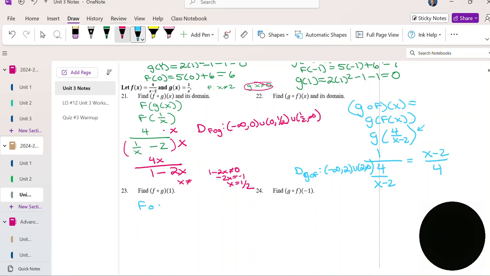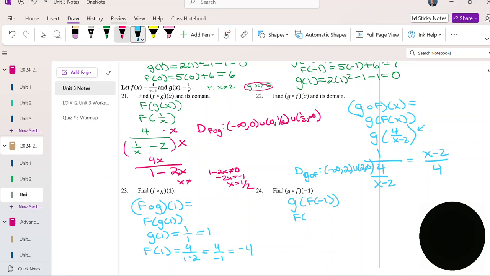f of g of 1, well, that means you put 1 into g first. So 1 over 1 is just 1. And then f of 1 is 4 over negative 1, which is negative 4. g of f of 1, or negative 1, sorry.